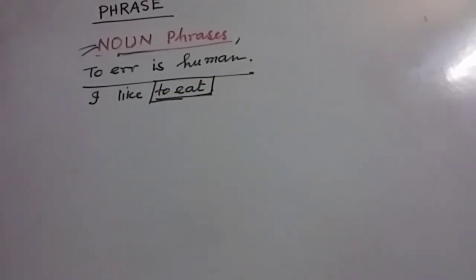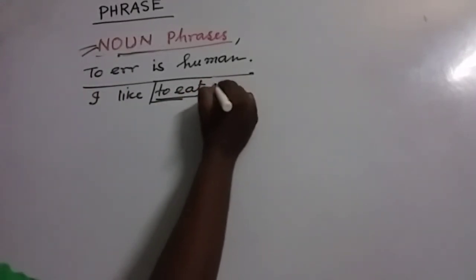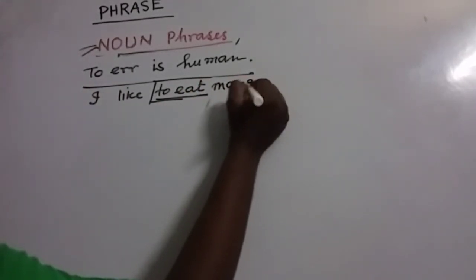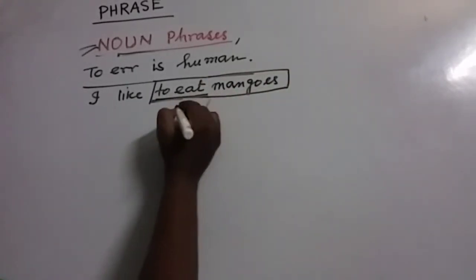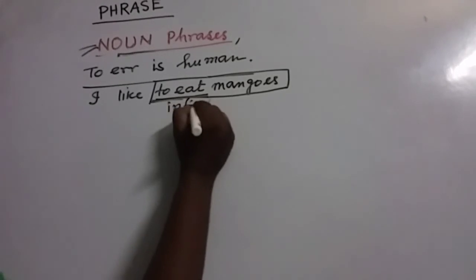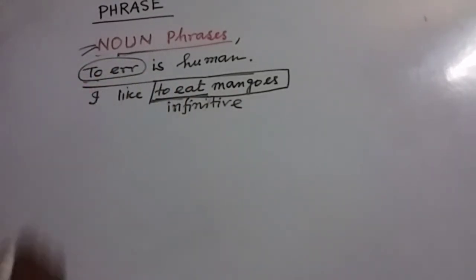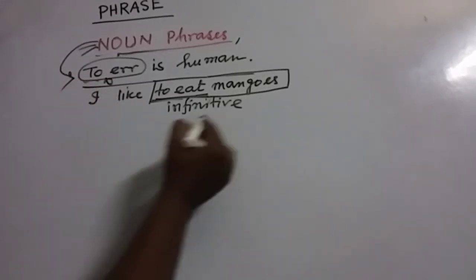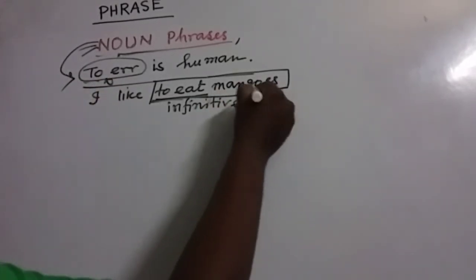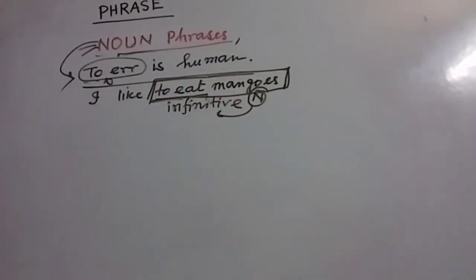So by using infinitives we can form a noun phrase. I am writing down this one, mangoes. So, to eat mangoes, it is actually, my dear friends, an infinitive. This is also an infinitive. It has become a noun phrase. It is also a noun. By using an infinitive, we have made it a noun phrase.